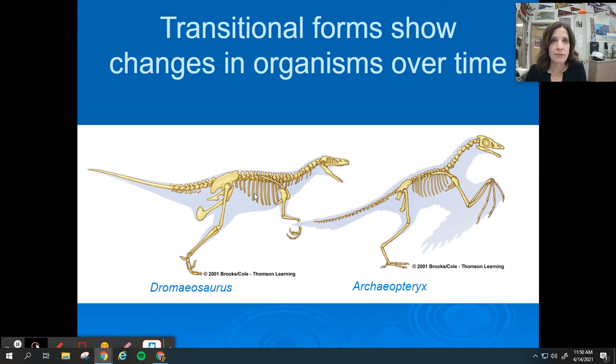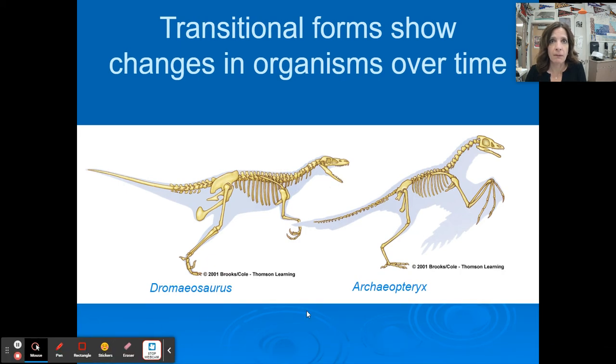So you see these different transitional fossils that show the change over time in these organisms. So Archaeopteryx is famous because it was one of the first fossils that showed that some dinosaurs had feathers, and so that they were ancestors of some of the birds we have now.